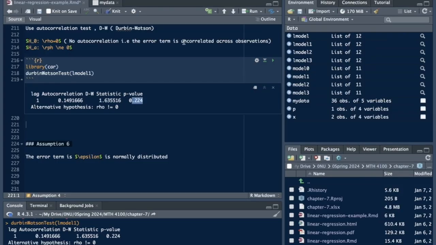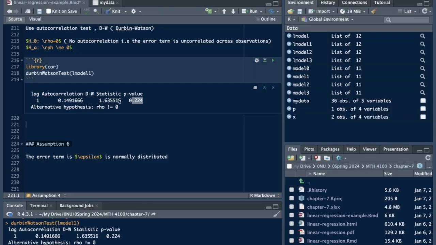But before we talk about these values, let's first say what we expect from the Durbin-Watson test. It tests for autocorrelation in the residuals, and the test statistic ranges between 0 and 4. Values around 2 say that there is no autocorrelation.